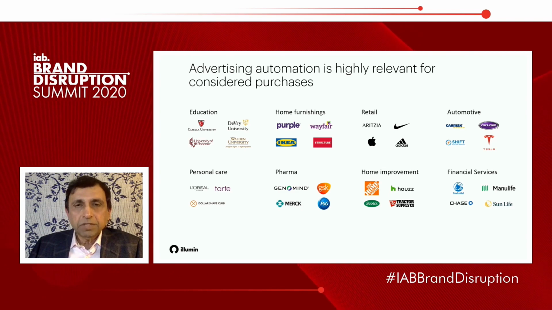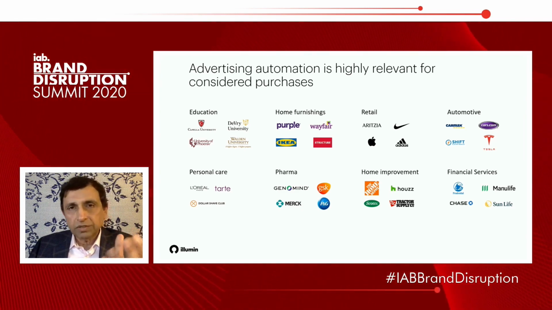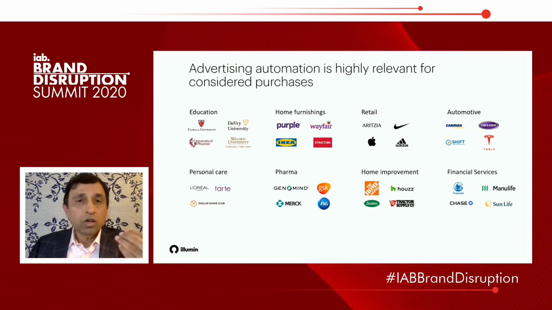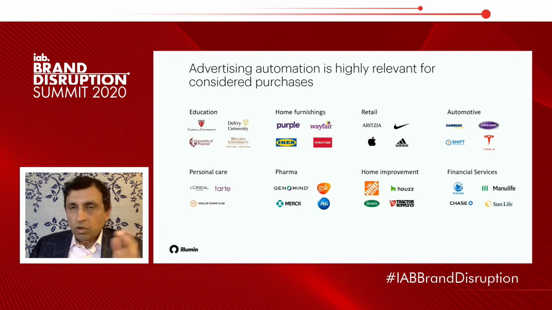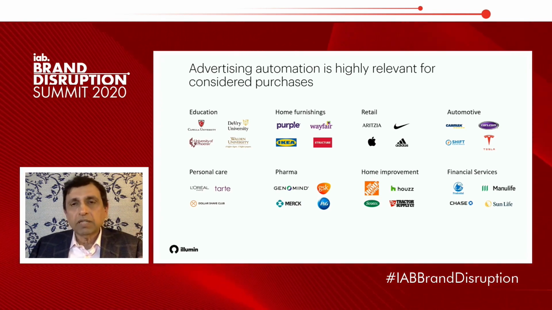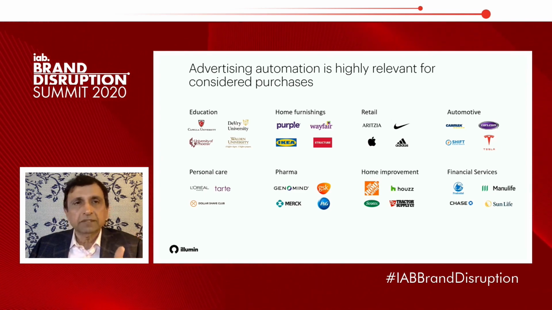Why a considered purchase? Because if it's a big ticket item, like a mattress, where you pay 2,000, 3,000, 5,000 bucks, or online education, where you might end up paying $50,000 to $70,000 committing to an online degree, or home improvement, building out a deck for $20,000. These are all huge expenses.